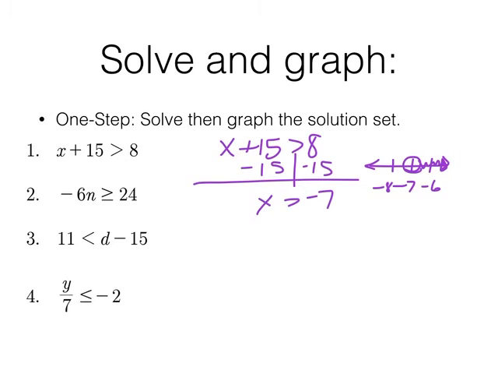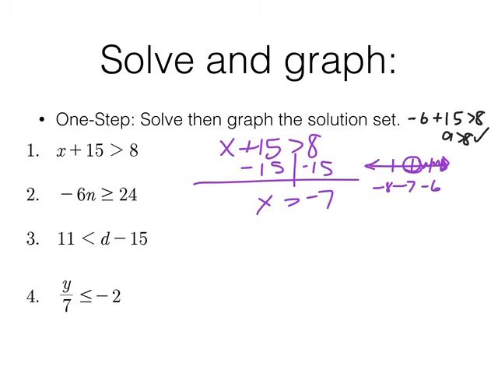So let's check our answer with a -6. -6 plus 15, is that greater than 8? 9 greater than 8? Yes, it is. So that's what I meant by checking the inequality with a number from the solution set, not the number in the inequality, because this inequality says x is greater than -7. It does not say x equals -7. Therefore, we're not talking about -7 here. We're talking about numbers bigger than that. So I got to use a number bigger than that to check it.